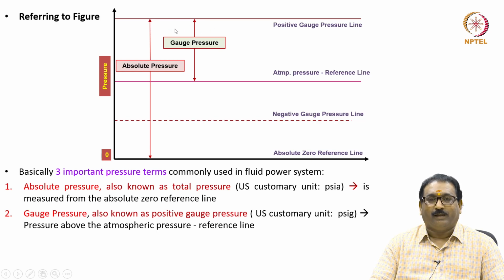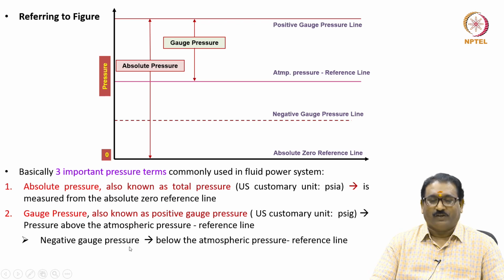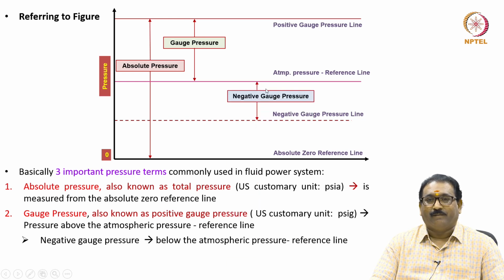Sometimes it is known as positive gauge pressure, because one more term is there, negative gauge pressure, which is measured below the atmospheric pressure reference line, meaning here you will get minus 0.3 PSIG, a negative gauge pressure, always measured with respect to the atmospheric pressure reference line.